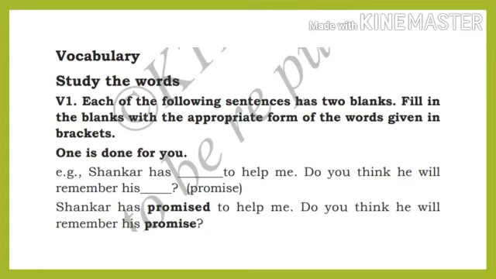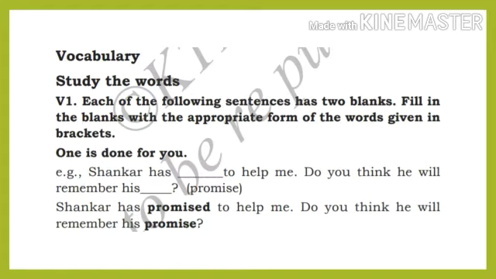Shankar has dash to help me. Do you think he will remember his dash? The word is promise. So Shankar has promised to help me. Do you think he will remember his promise?